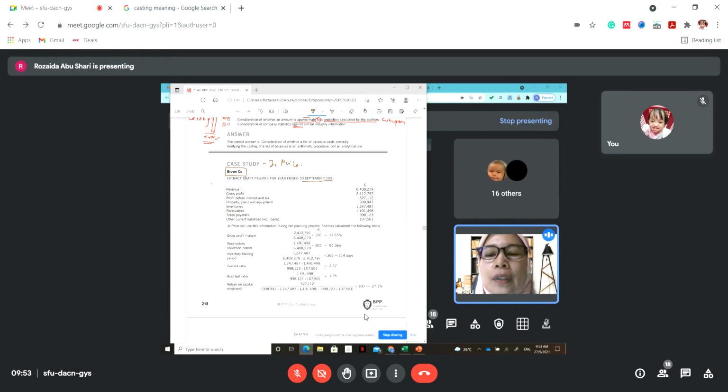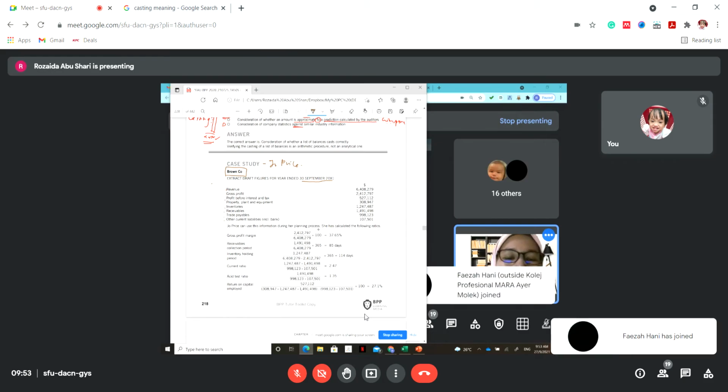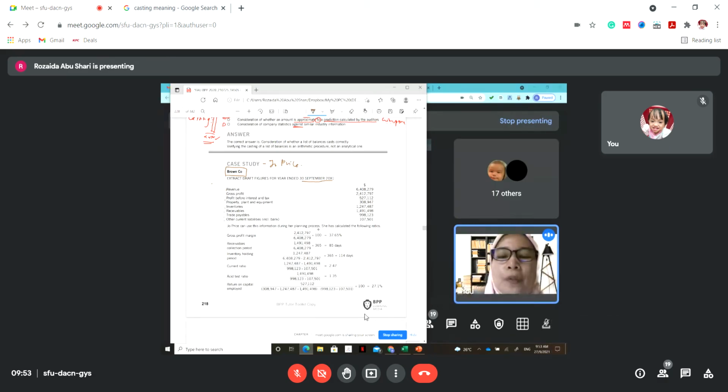This is not the PPE of the medical officer; PPE is property, plant and equipment. Inventories, receivables, trade payables, other current liabilities including bank. Joe Price uses this information during her planning process.